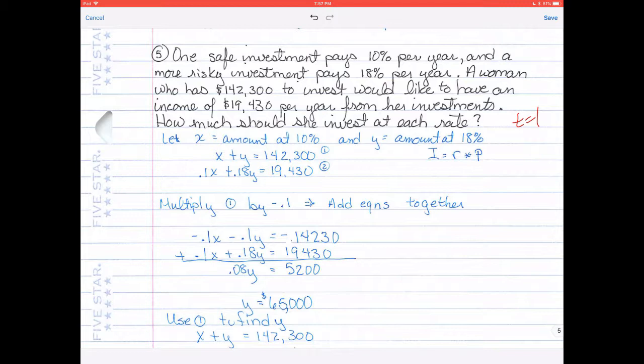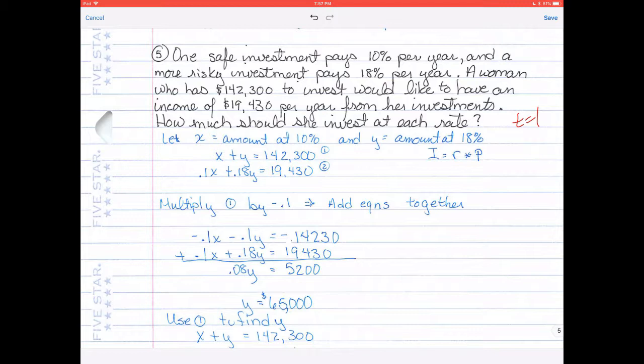So I have two investments. So I'm going to let X be the amount at 10% and Y be the amount at 18%. Then X plus Y equals 142,300 and 0.1X plus 0.18Y equals 19,430.